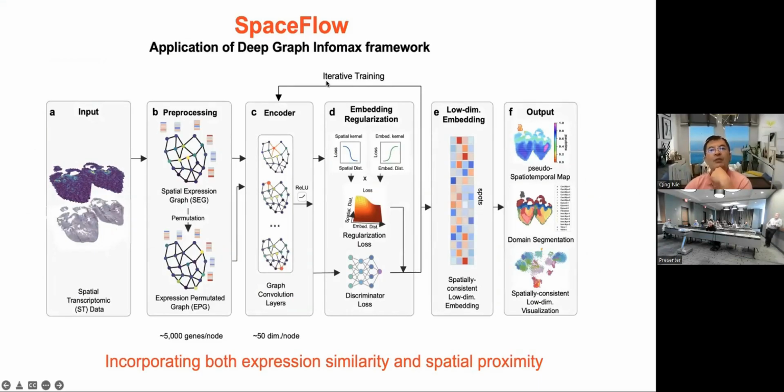proximities, right? We use a deep graph informatics framework, and we put each dot, which could be a cell or a spot, into a graph, and then you do encoding, and in a low-dimensional space you add in regularization. That's where we enforce these two properties.